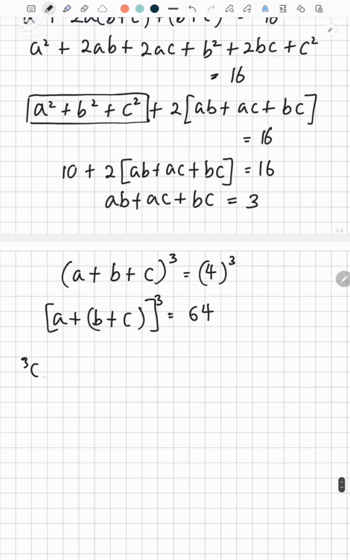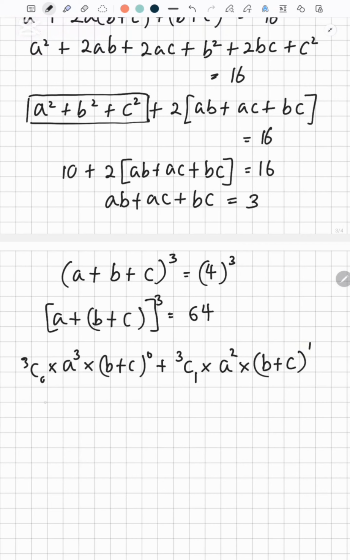So it's 3C0 times a³ times (b + c)⁰. If you don't know binomial expansion, just drop it in the comment section, I'll put a separate video on how to do binomial expansion. To find the values for 3C1, 3C2, those are combinations, you have to use your calculator for that.